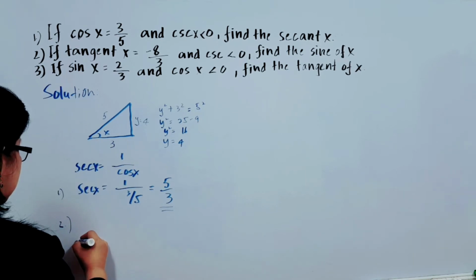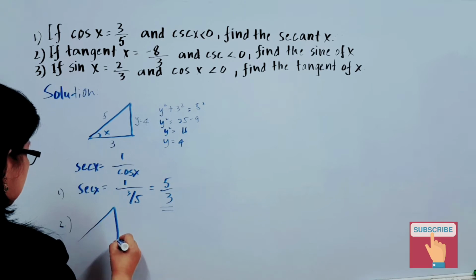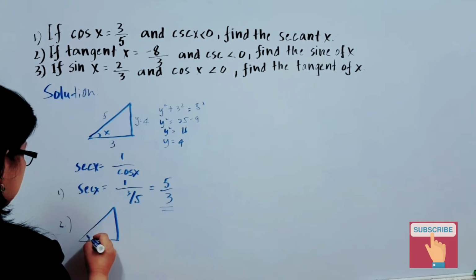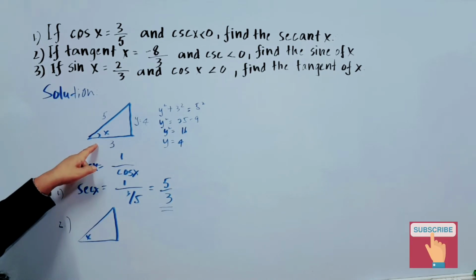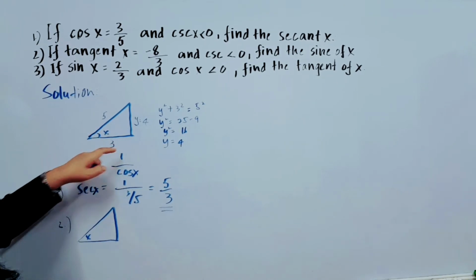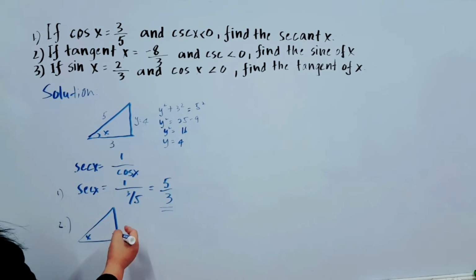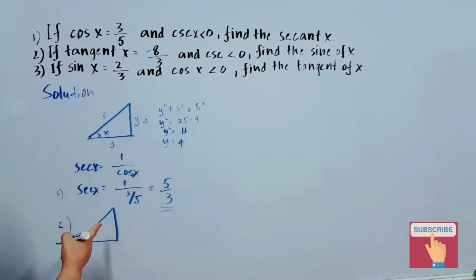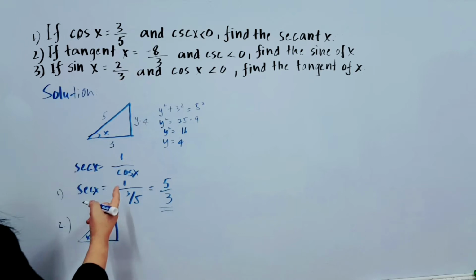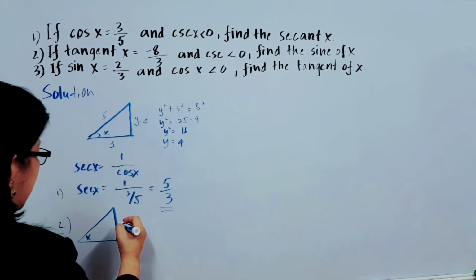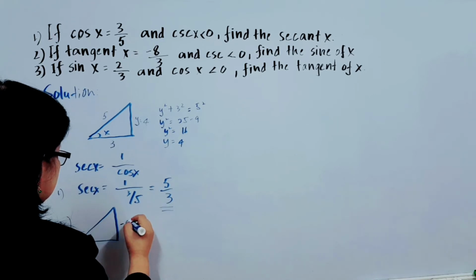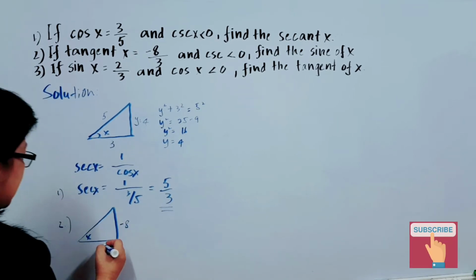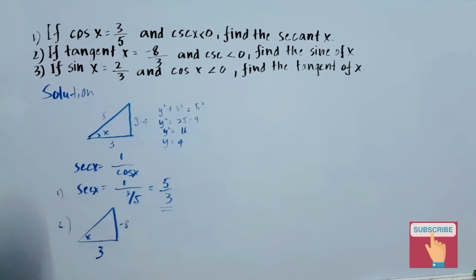The definition of tangent is equal to the opposite over the adjacent, which means the opposite is minus 8 and the adjacent is equal to 3.